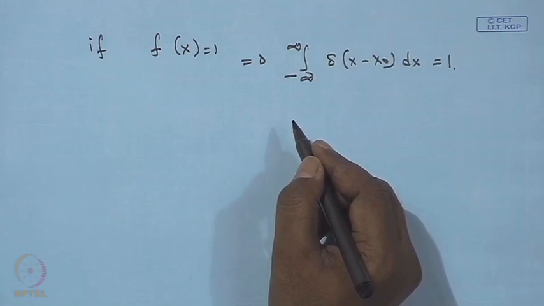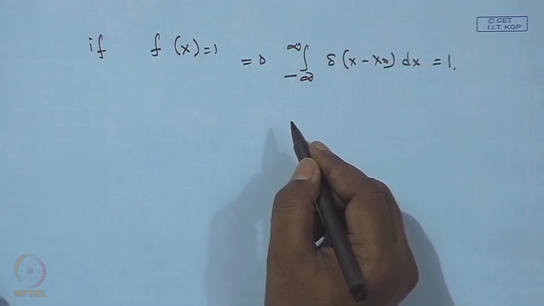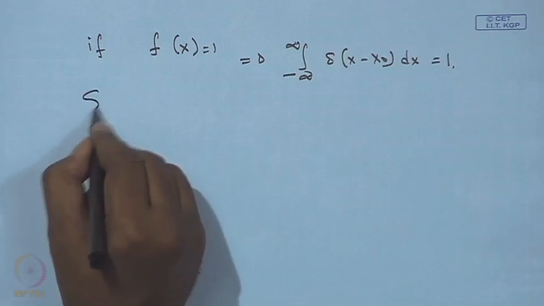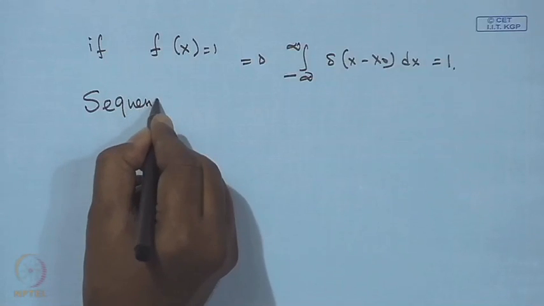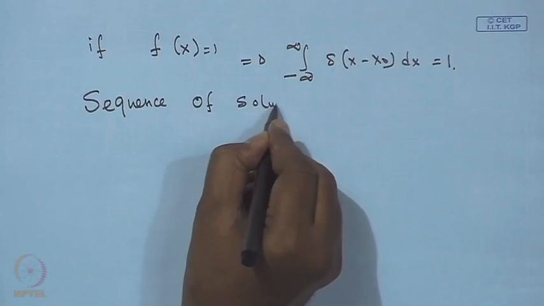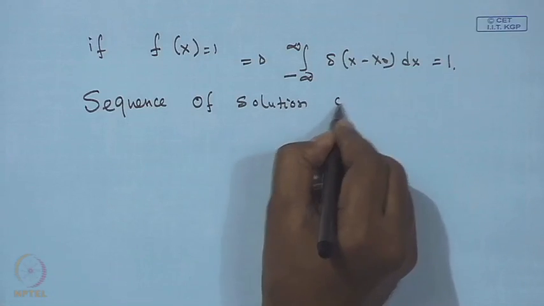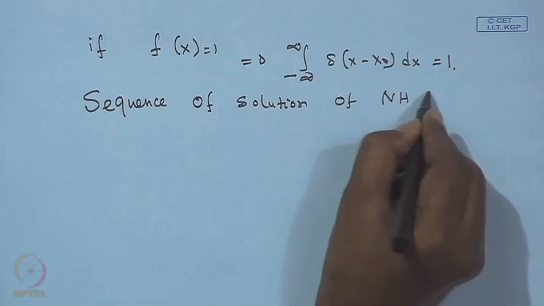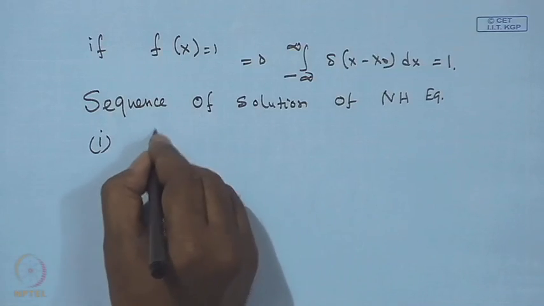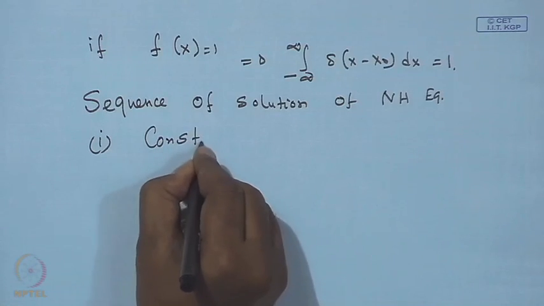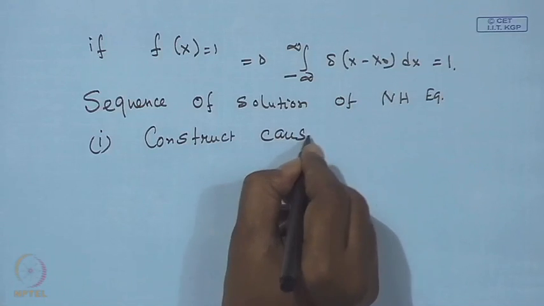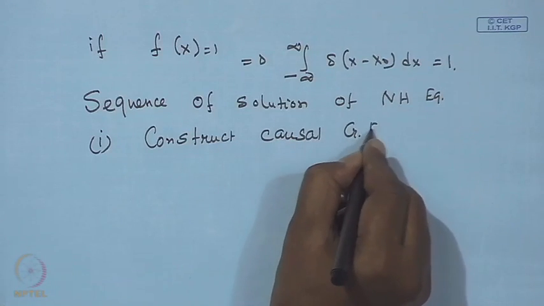Next, we move forward to the sequence of the solution that we have already seen. So, let us write it down more explicitly, of the non-homogeneous equation. First one is construct causal Green's function.